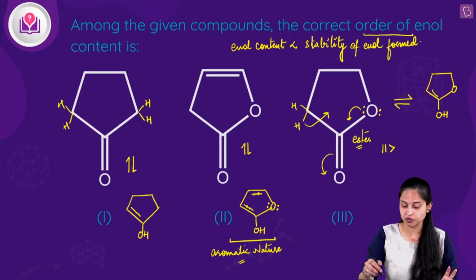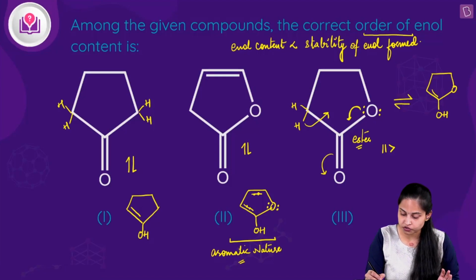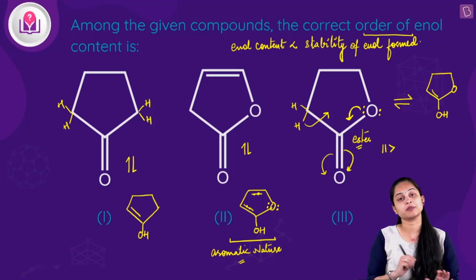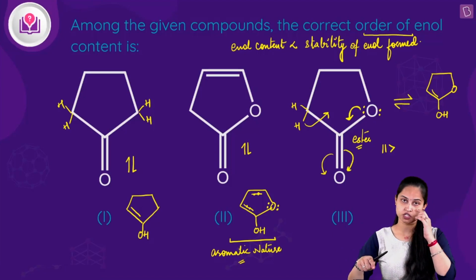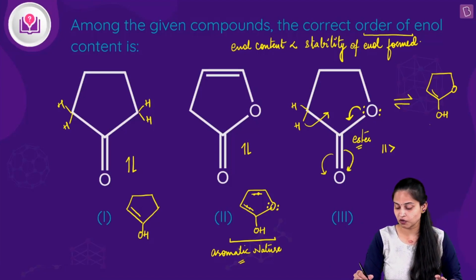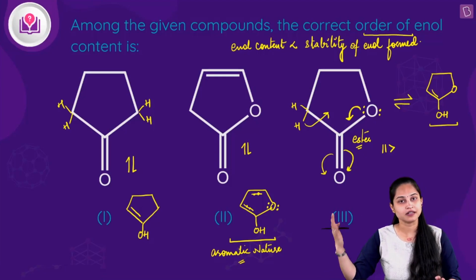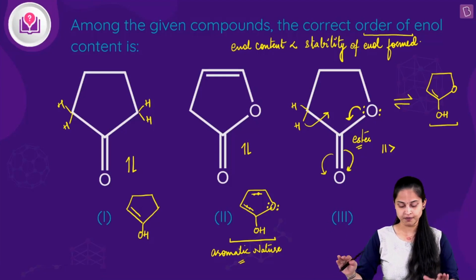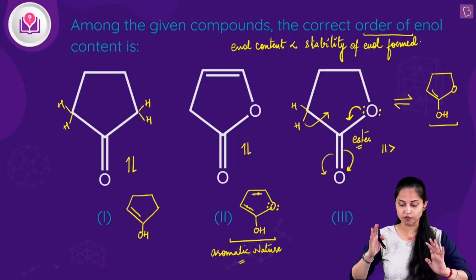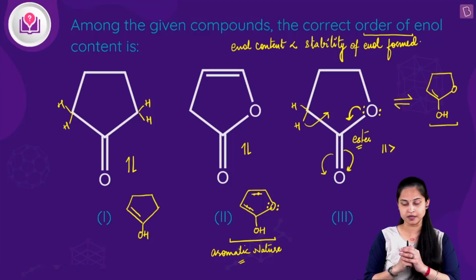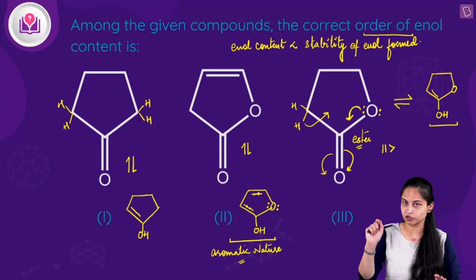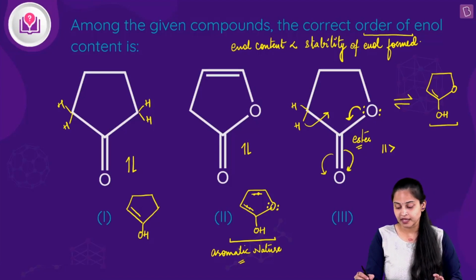Because of this cross conjugation, the enol form becomes destabilized. So if I compare the enol form of third and first, I'll say that the third one is less stable because of the cross conjugation. And hence its enol content is least.